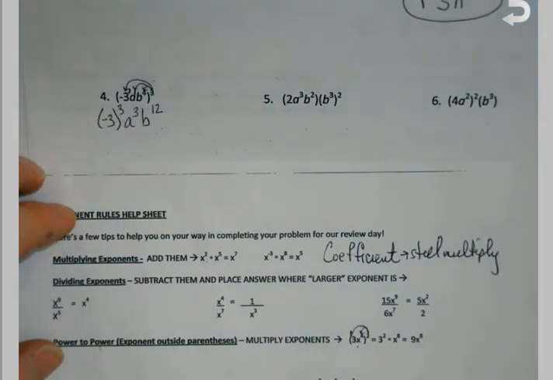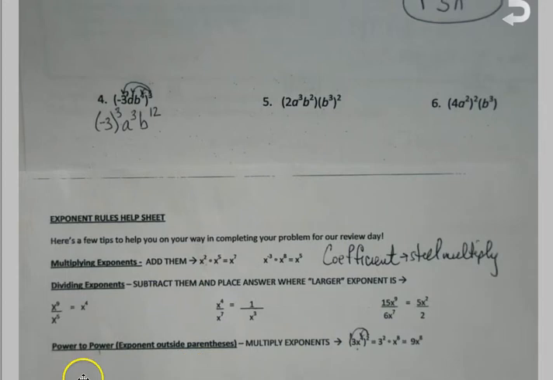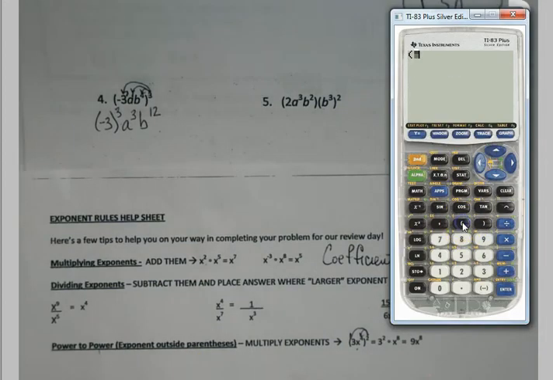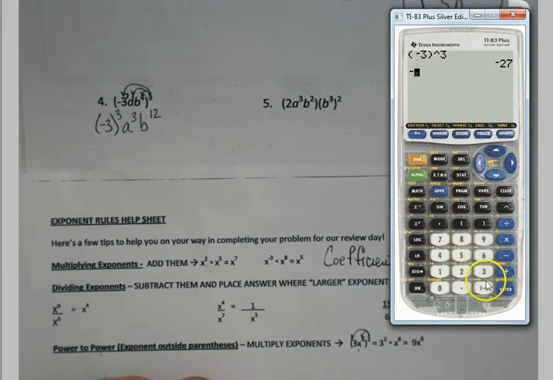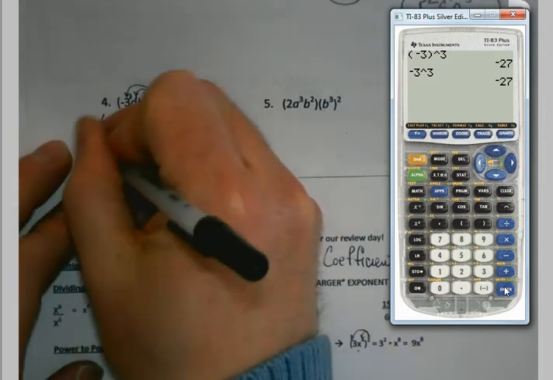But then when I get to -3 to the 3rd, there's a couple of things I could do. I do want to make note of one thing: whenever something's been in parentheses, I want to make sure I put it in parentheses when I go to type it in. This time it wouldn't have mattered, because even if I'd typed in -3 to the 3rd, I'd get -27. So what's the big deal?